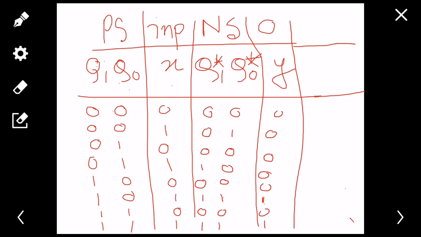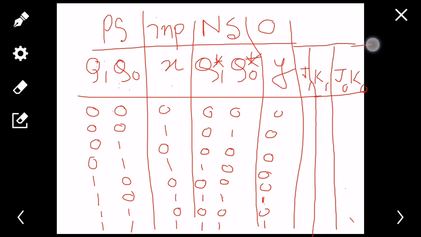There are two inputs for each JK flip-flop, J and K. So one is J1 K1, and the other is J0 K0. I don't know how good I'll be able to explain using this, but I'll try my level best.